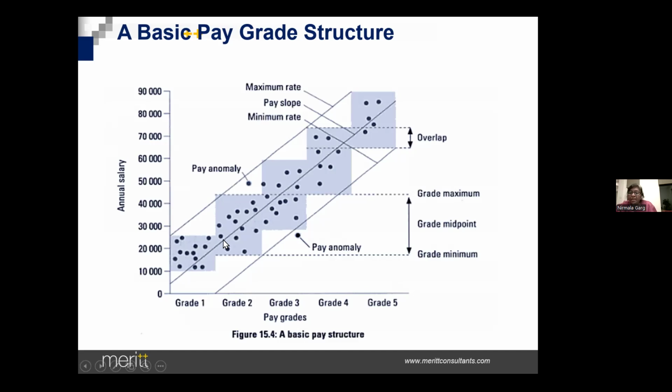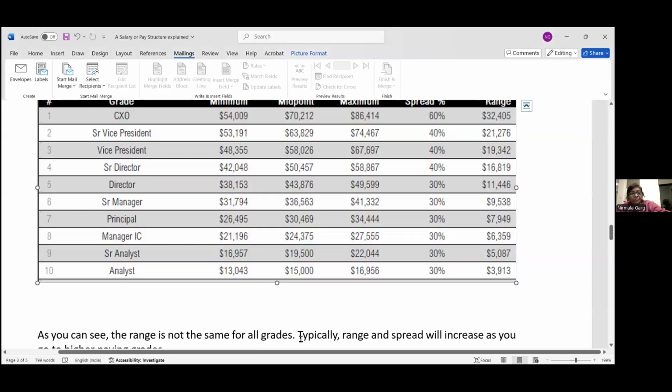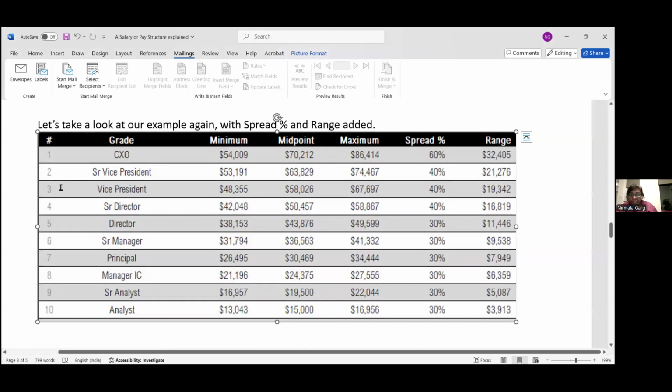So look at them, analyze them, and I'll show you that picture. I want you to create a salary structure like this: the positions with grades, salary ranges, and what spread you are giving.